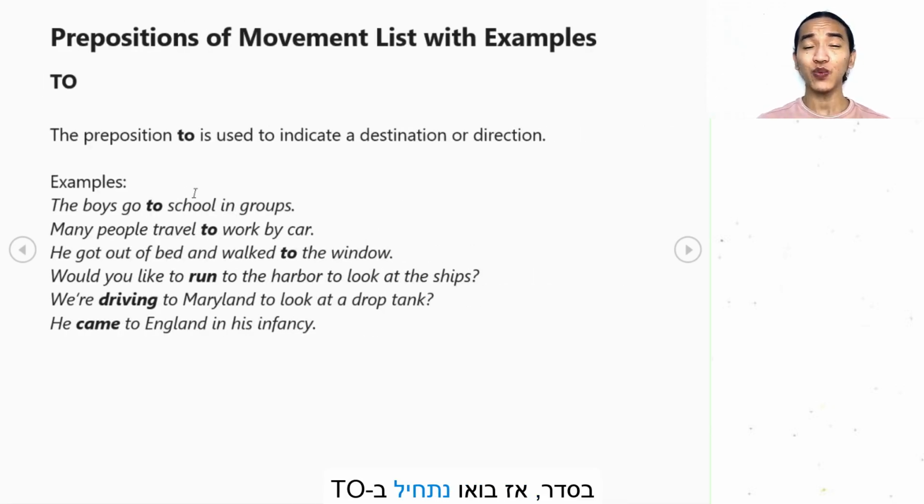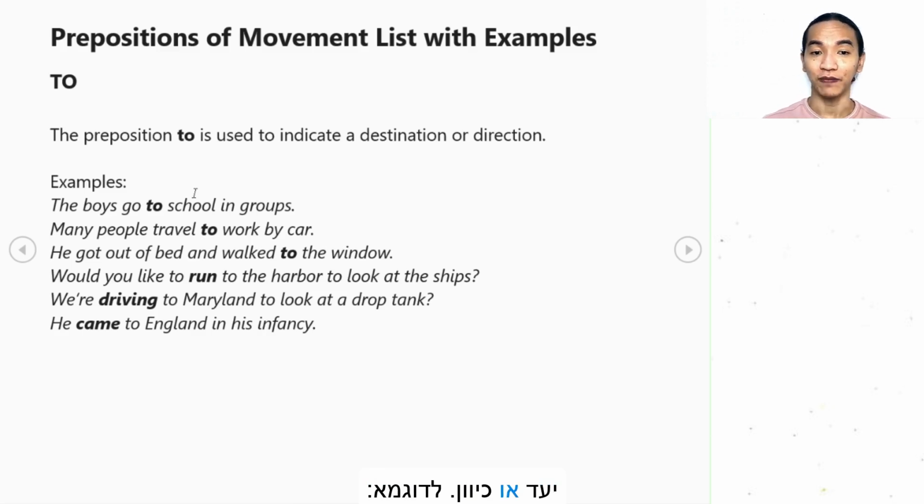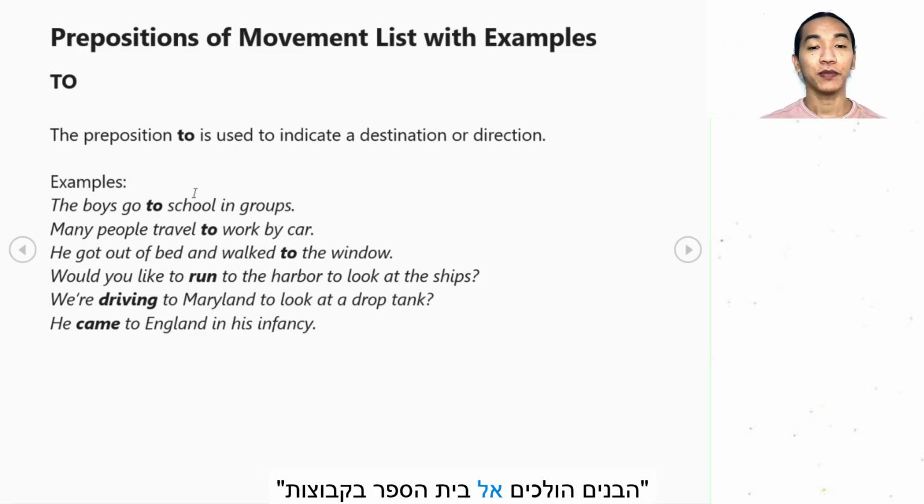So let's begin with "to", which is the most common preposition of movement or direction. The preposition "to" is used to indicate a destination or a direction. Example, the boys go to school in groups. Many people travel to work by car. He got out of bed and walked to the window.